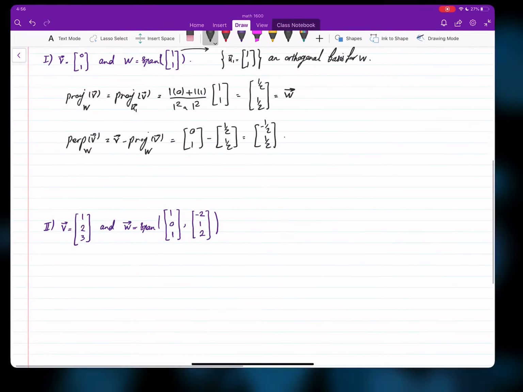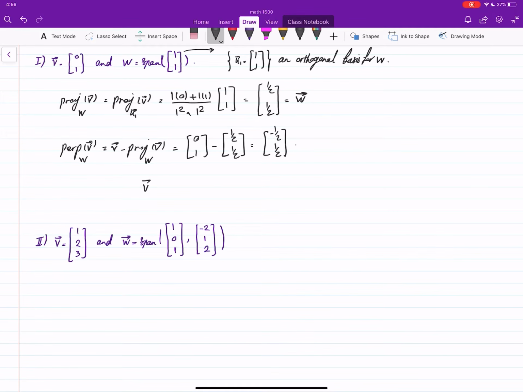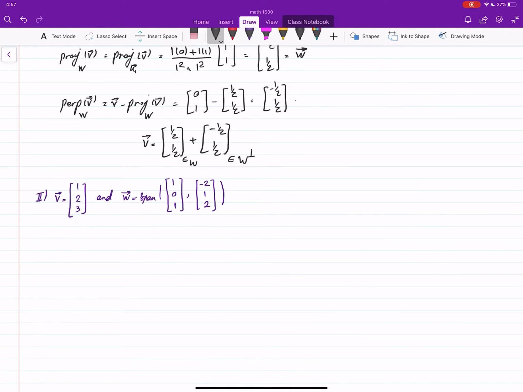So we found the decomposition for v. v is the sum of a unique vector in W and another vector in W perp. This one is in W perp, this one is in W. And this decomposition is called the orthogonal decomposition of v with respect to W.